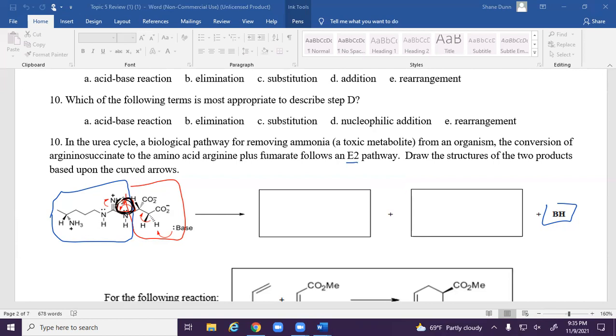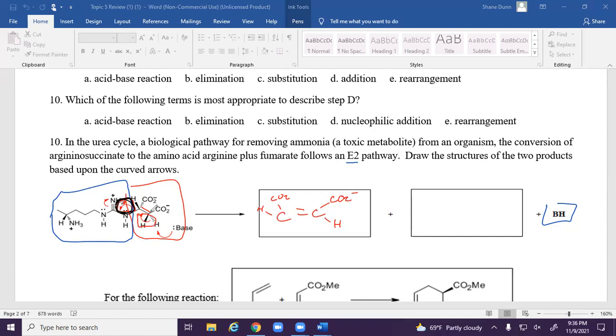So let's do the red one first. We got C, C, CO2 minus. We got H, we got CO2 minus. We got an H, and we got a double bond between because this arrow right here made a double bond form right there.